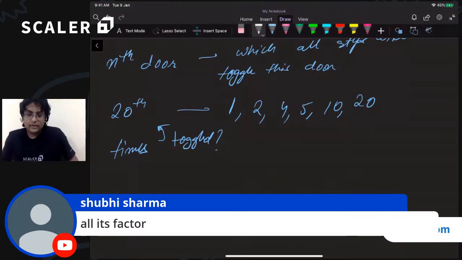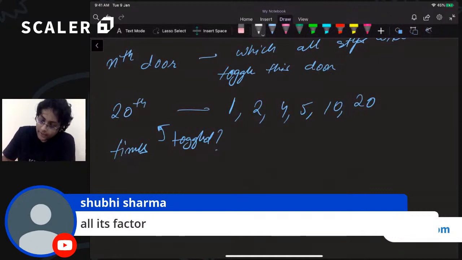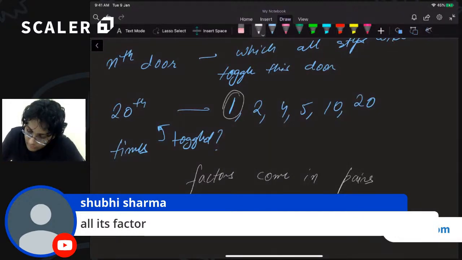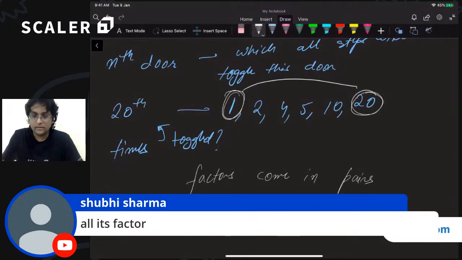Well, we already know that factors come in pairs. Which means that if there is a step number 1 on which this is toggled, there is also a step number 20 on which there is a toggle. Similarly, for step number 2, we have step number 10. For step number 4, we have step number 5.